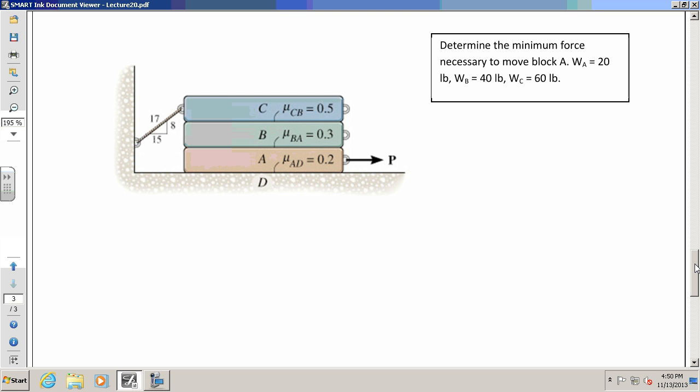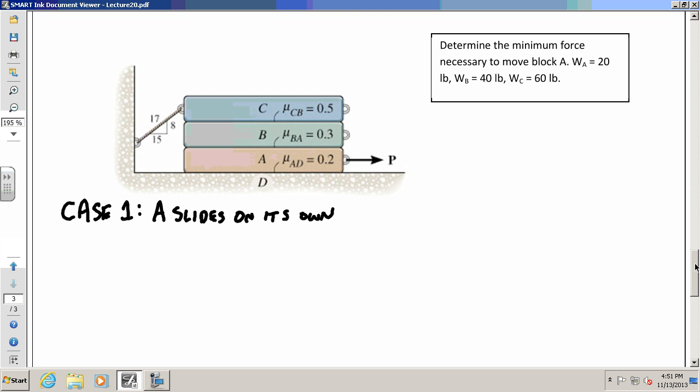So what do you have to do? Any guesses? Analyze them both separately. Yeah. So let's try the simplest one, I think, for everybody to look at, which is case 1, where A slides out on its own. Now, be careful, each one of these blocks has a different weight.